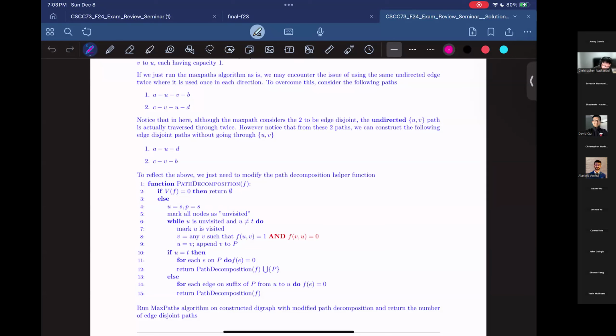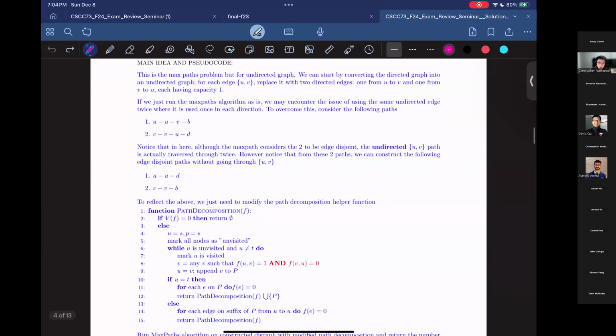So all we need to do is to add this thing. I added this question to mimic the Bellman-Ford modification problem. This is not an official question.